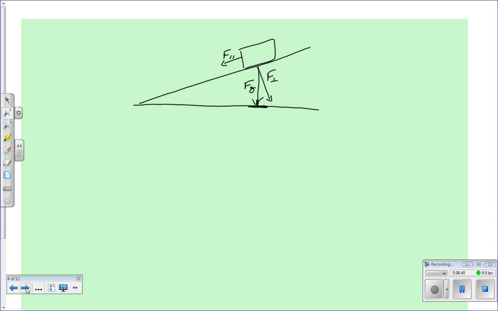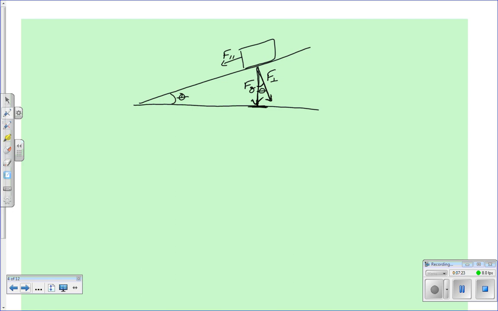I'm going to put that back so that I can point out that since the weight is perpendicular to the ground, and the perpendicular component is perpendicular to the surface of the inclined plane, using our skills of geometry, that tells us that this angle in here is the exact same as the angle that the ramp makes with the ground. So a problem will tell you an object is sitting on an inclined plane that has an angle of however many degrees.